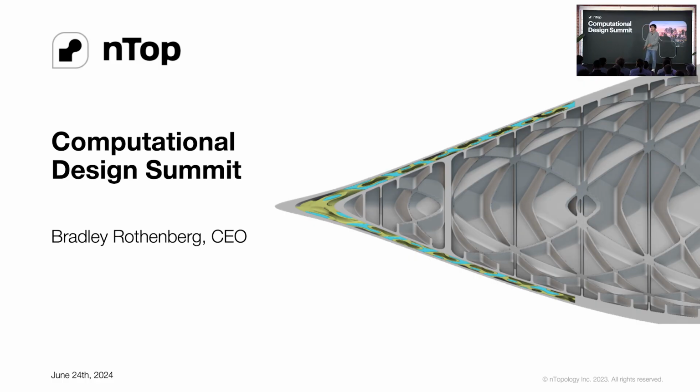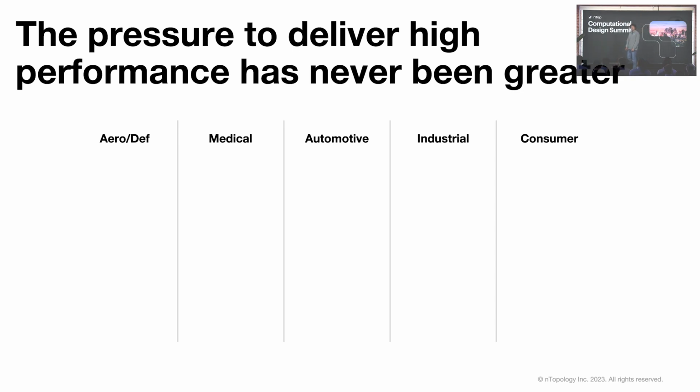And so I want to talk a little bit about computational design. But first, I really want to talk about, what are the problems in the industry, right? Our customers span industry from aerospace, medical, to automotive, industrial, and consumer.